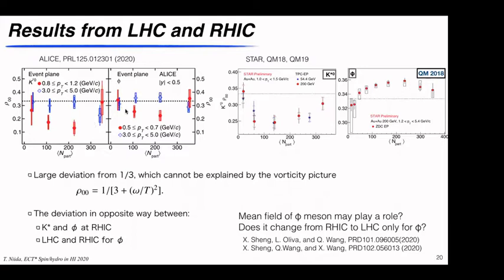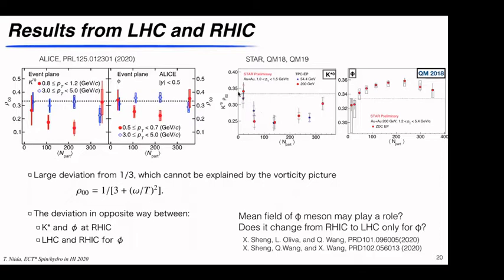For low pT, we clearly see a larger deviation from 1/3. And if you look at the right two panels, which are for the STAR result, again the K star and phi meson, for both 54 and 200 GeV, there is no significant energy dependence.